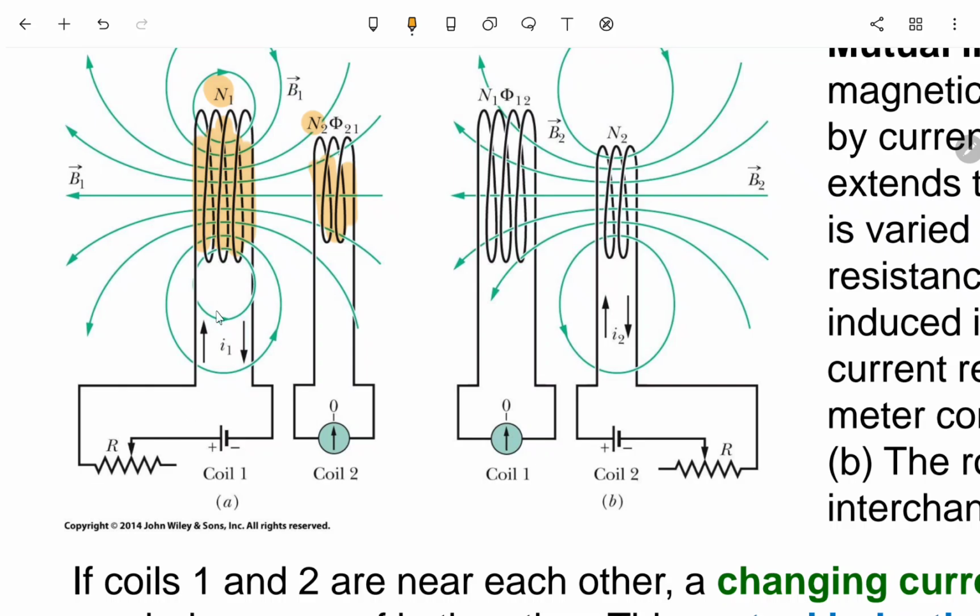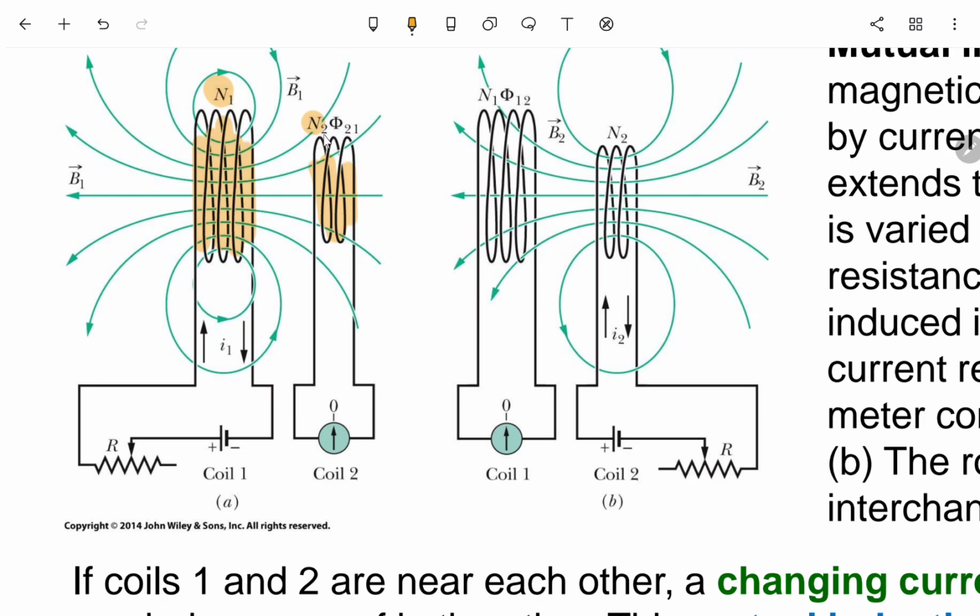If this I1 is changing, this coil will generate a time-varying B field. This B field will go through coil 2, so if B1 is changing, the magnetic flux going through coil 2 will also change.